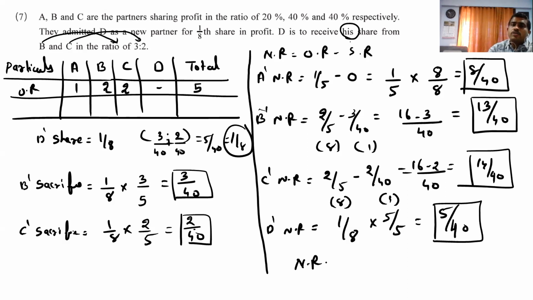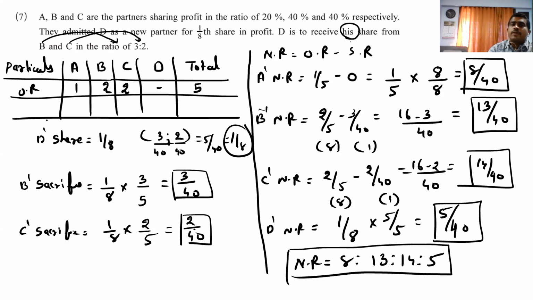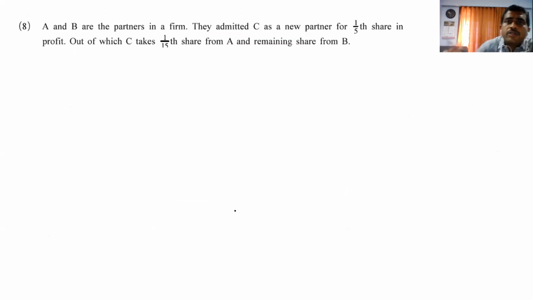New ratio comes to us 8 is to 13 is to 14 is to 5, and total comes 40. And sacrifice we are knowing how to do. It's 3 by 40 and 2 by 40. Clear? So here completes the 7th question.